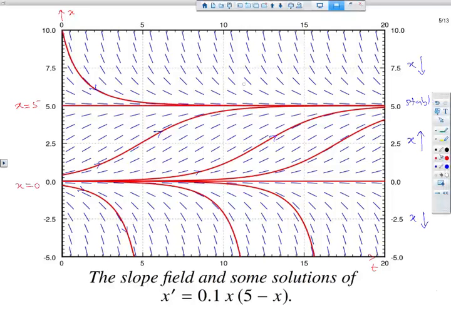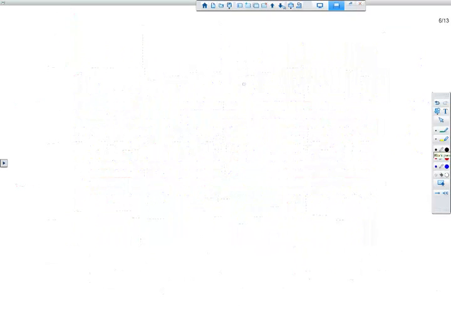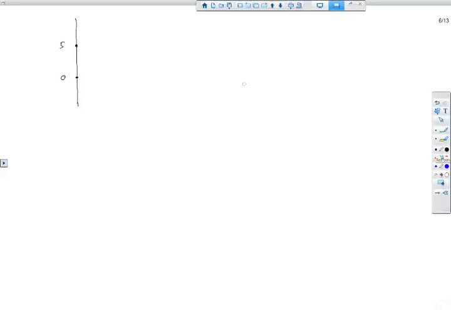So in the phase diagram, you mark a vertical line, and then you draw the critical points, 2 critical points. One is 0, the other one is 5, and then you can see that if you start with the larger value, it's going to go down. If you start with the value between, it's going to go up, and if you start with the value lower than 0, it's going to go down.